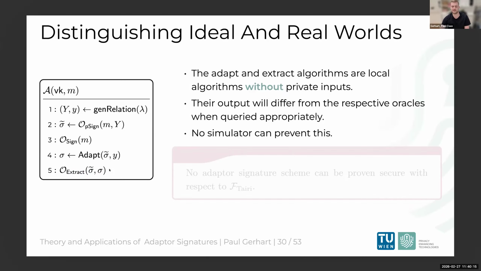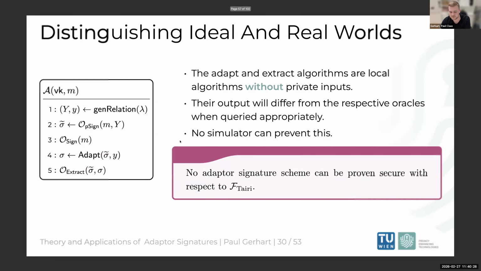If it does it like this, the extract oracle will return bot, which is failure. But in the real world, this extract would output a valid witness because the signature was adapted before. Again, no simulator can exist that simulates this behavior. And this means that no adapter signature scheme can be proven secure with respect to the functionality. Not only Schnorr signatures cannot, but no adapter signature scheme.